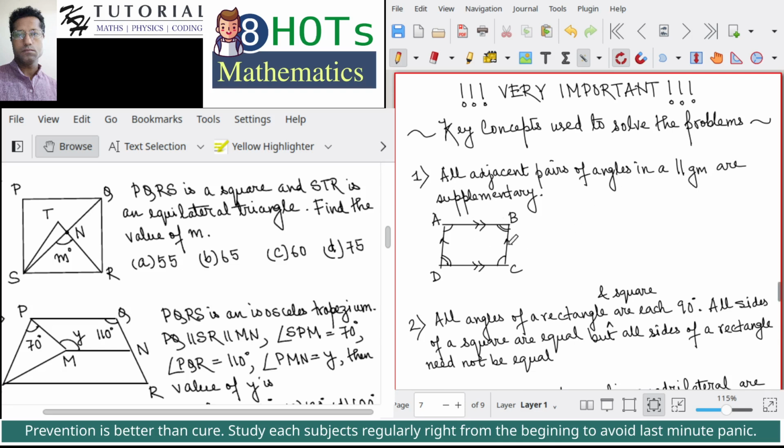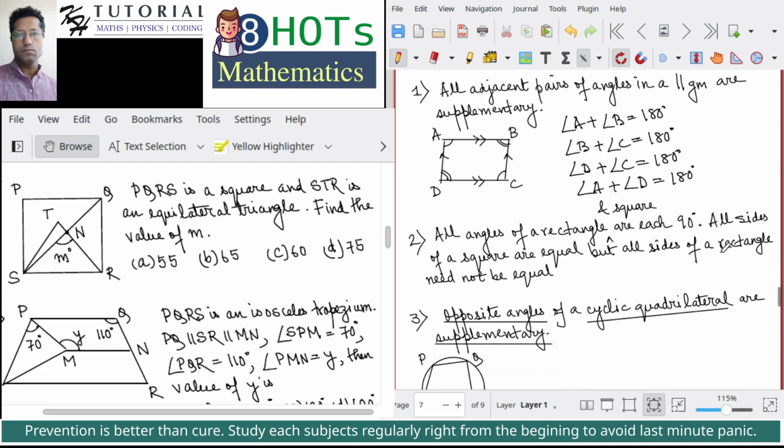So if we have a parallelogram ABCD, we must have angle A plus angle B equal to 180 degrees. Also angle B plus angle C is equal to 180 degrees. Also angle D plus angle C is equal to 180 degrees, and finally angle A plus angle D is equal to 180 degrees. So this concept was applied to solve problem number 1.